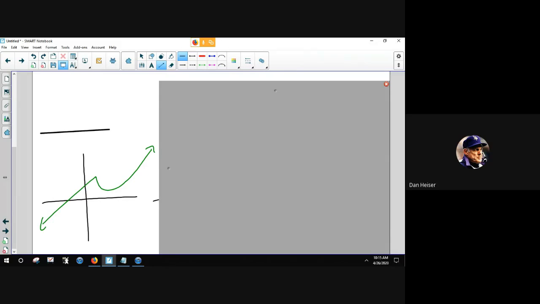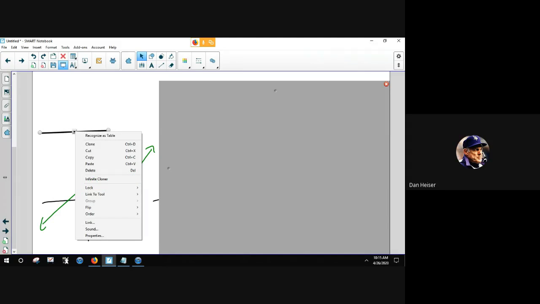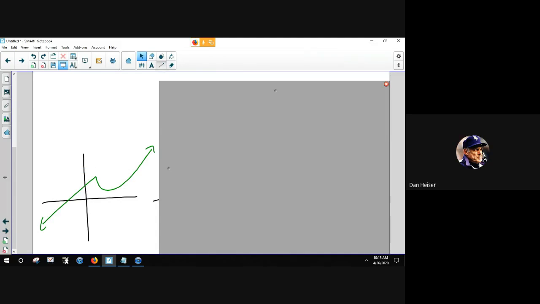Here's my horizontal line. Not very horizontal. That does not look very nice. Try that one more time. There we go. Right there I have a violation. Horizontal line test. This is not one-to-one.